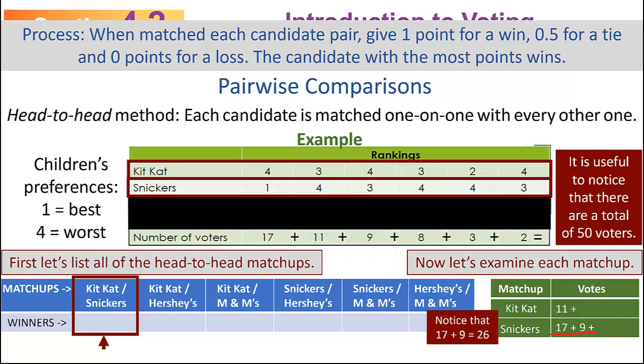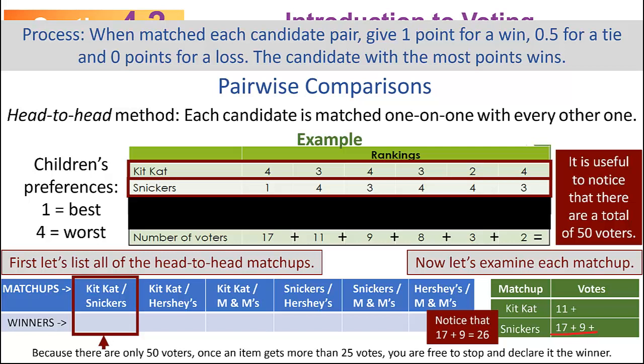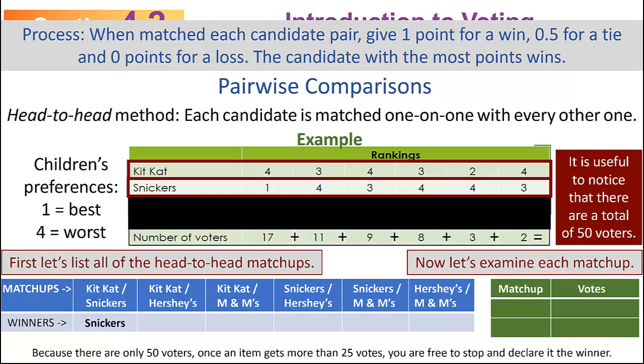And at this point, I can notice that 17 plus 9 has already gotten to 26. I could keep going if I wanted to, but 26 is over half the vote. So I know at this point that Snickers is going to win, and I can just stop and say that Snickers has won and give that match to Snickers. I don't have to go all the way across if I notice that Snickers already has enough votes to win.